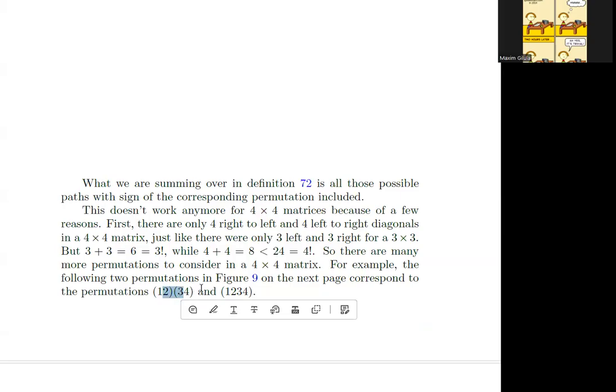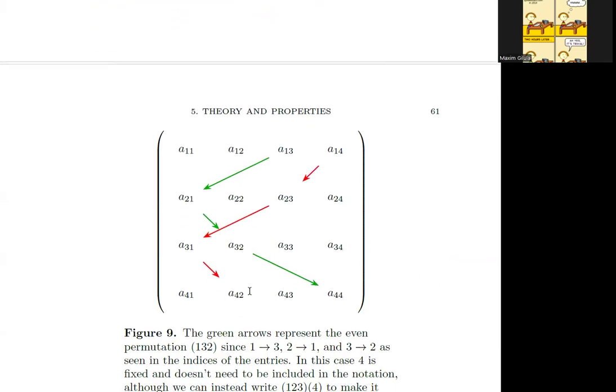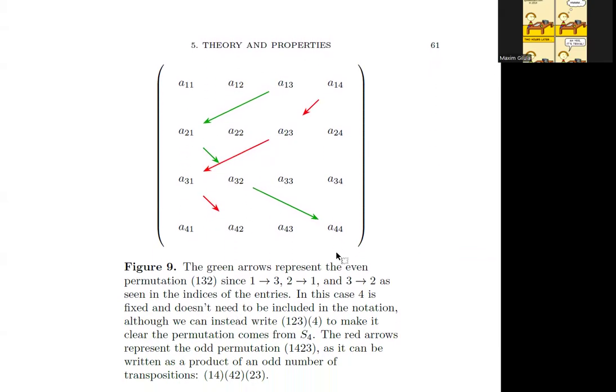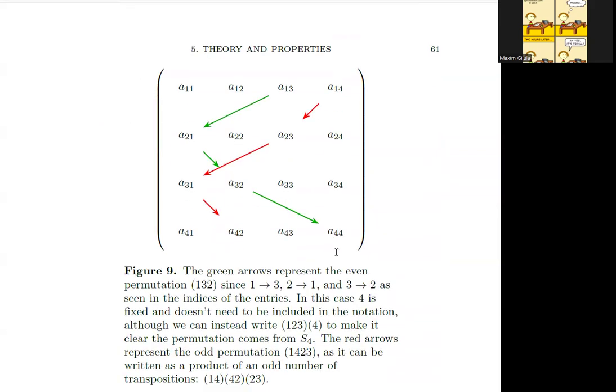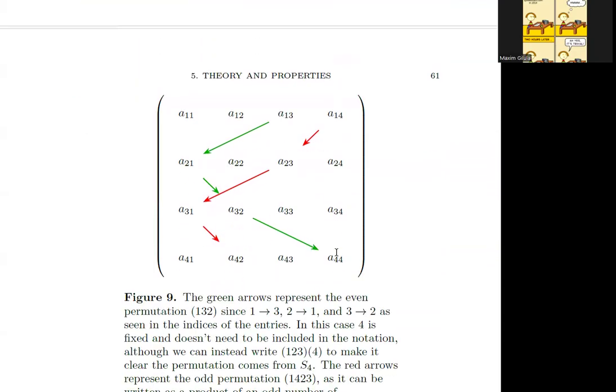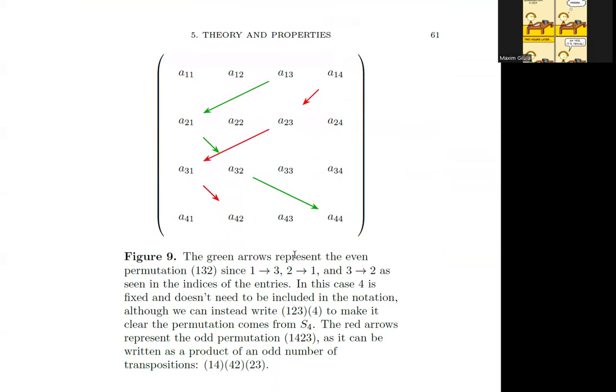Let's consider the following. There's permutation (1 2)(3 4). So it swaps 1, 2 with each other, swaps 3, 4 with each other. And this one takes 1 to 2, 2 to 3, 3 to 4, and 4 to 1. So the green arrow represents the even permutation 1, 3, 2.